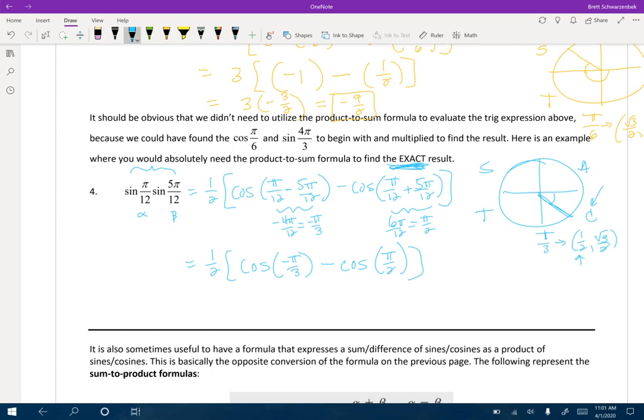So we'll know it'll be positive. So we're going to get first a half for the first quantity, minus, well, what about pi over 2? Well, pi over 2 is located at the top at (0, 1), and we want the x coordinate, which is 0. So this is going to end up being a half of a half, which is going to be a fourth.